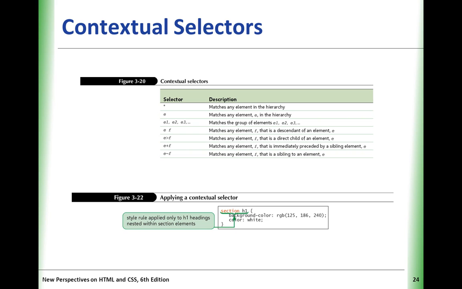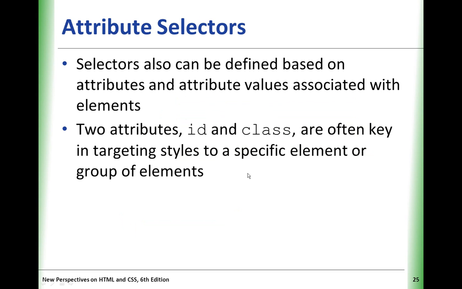Anything that's marked as B that's within a span within a paragraph is going to be a certain way. And the way we do that is by using the hierarchy. So let's go on to the next page. We use ID and class to target styles to a specific element or a group of elements.